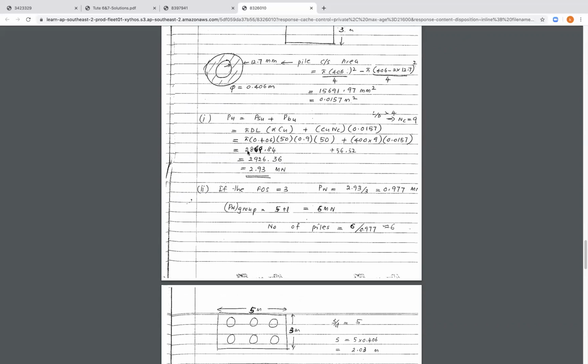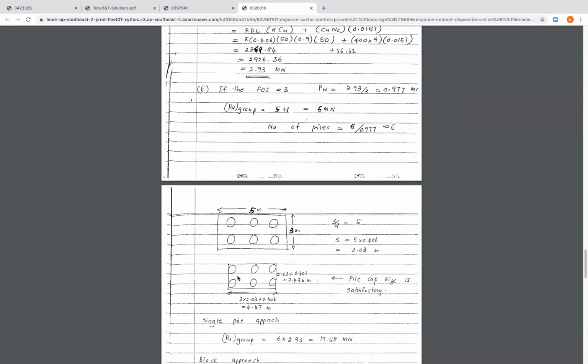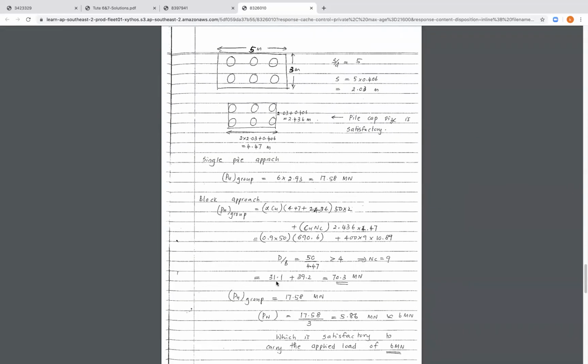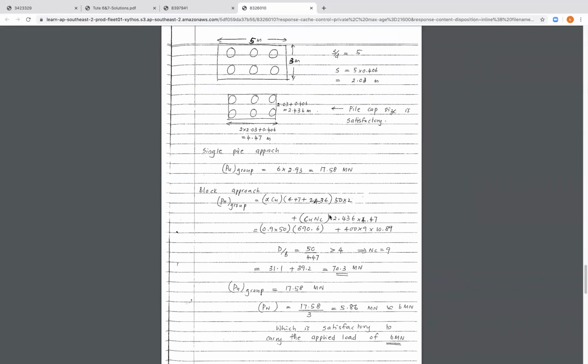We change it to the shaft area for the pile group, for the block of piles, which is 4.47 plus 2.436, and that's double this amount. We'll get the perimeter of this area, and if we multiply this by the length of the pile, we'll get the shaft area. So we need to apply this formula here.